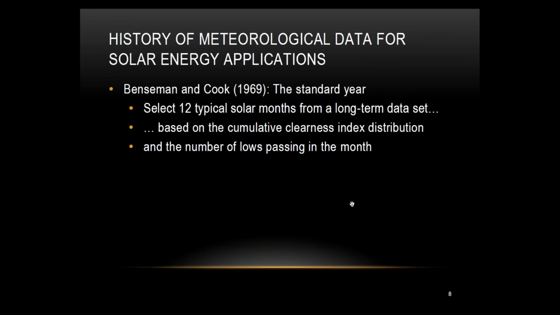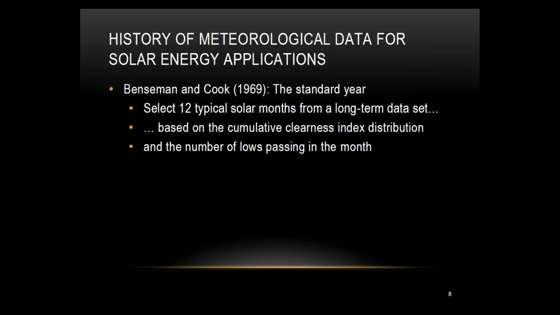In order to explain why we use the data that we use now, it's useful to look at the history of using them. So the first ones to suggest using solar data for simulations were Hay and Cook from New Zealand. They made the so-called standard year, and they devised a method which has been used pretty much since then, where you select 12 typical solar months from a long-term data set.